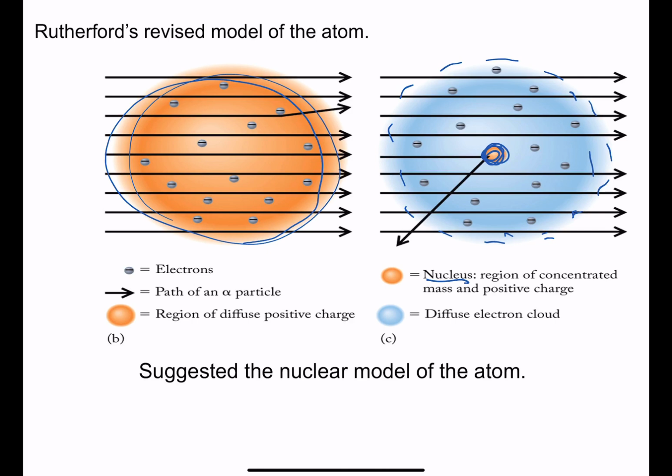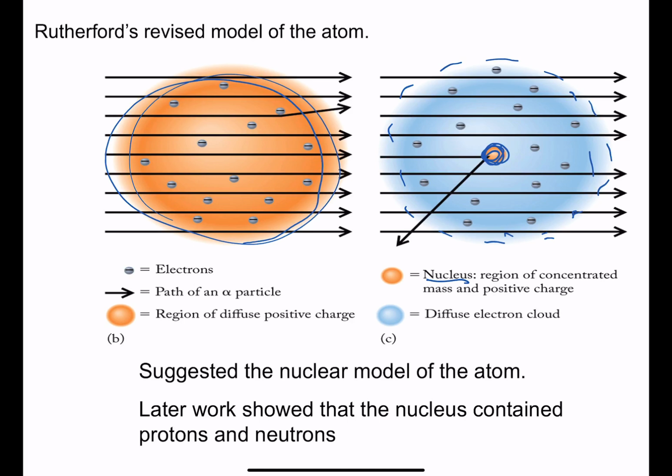So this was the first suggestion of the nuclear model of the atom. Later work showed that the nucleus contained protons and neutrons, so positively charged particles and neutral particles.